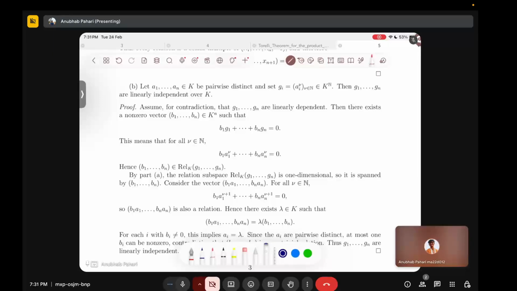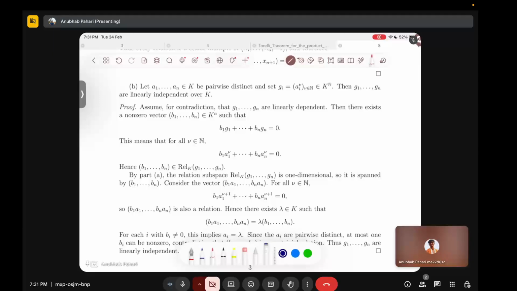By part A, the relation subspace over k is one dimensional, so it is spanned by (b1, ..., bn), and consider the vector (b1 a1, ..., bn an). For all v belonging to the natural numbers, b1 a1^{v+1} plus up to bn an^{v+1} equals 0, and so (b1 a1, ..., bn an) is also a relation.